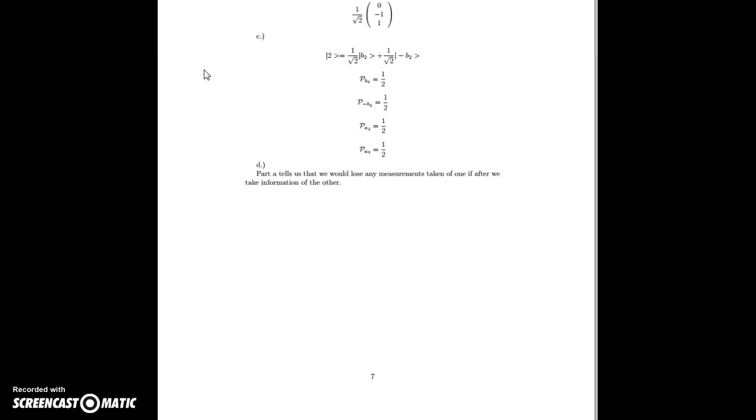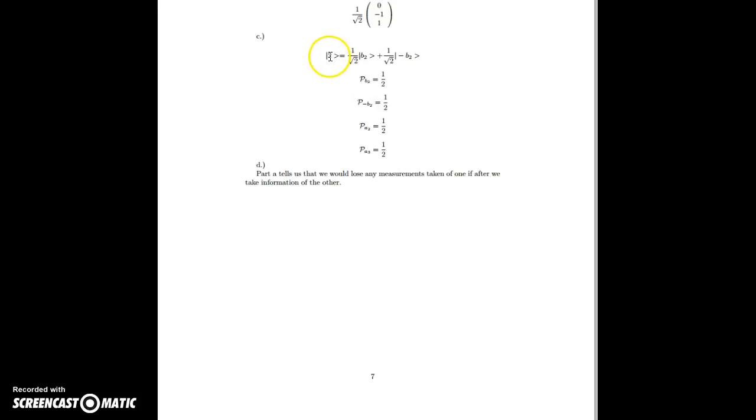And so part C asks to find the possible results of a measurement in state 2. In state 2, it can either be B2 or minus B2. And so we are left with this.